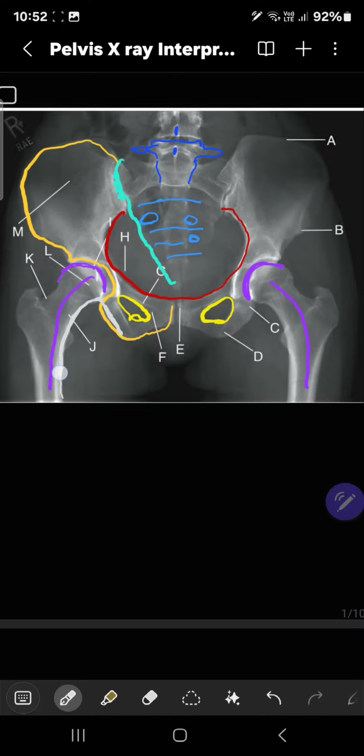This is an imaginary line running from the inferior border of the superior pubic ramus to the inferior medial border of the neck of the femur, and it should be continuous and smooth. If there is any discontinuation, maybe there is a loss of cortex or a fracture.